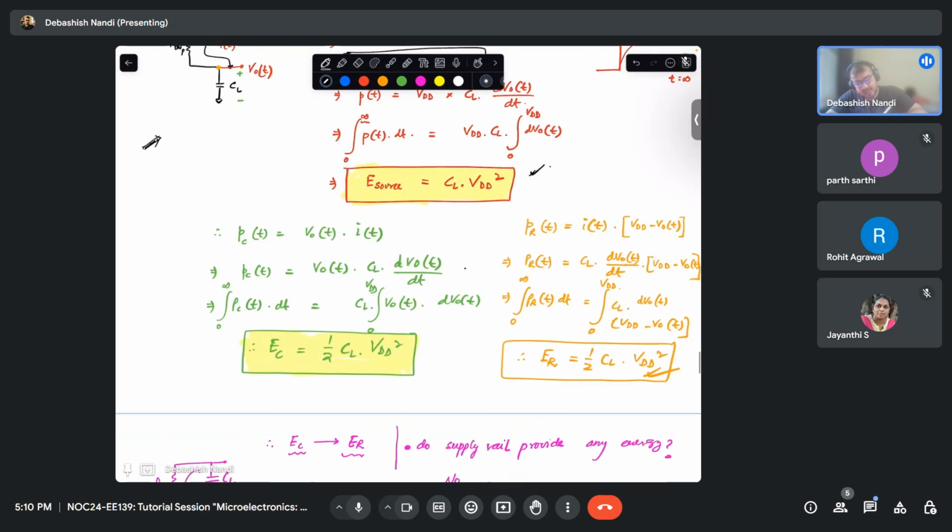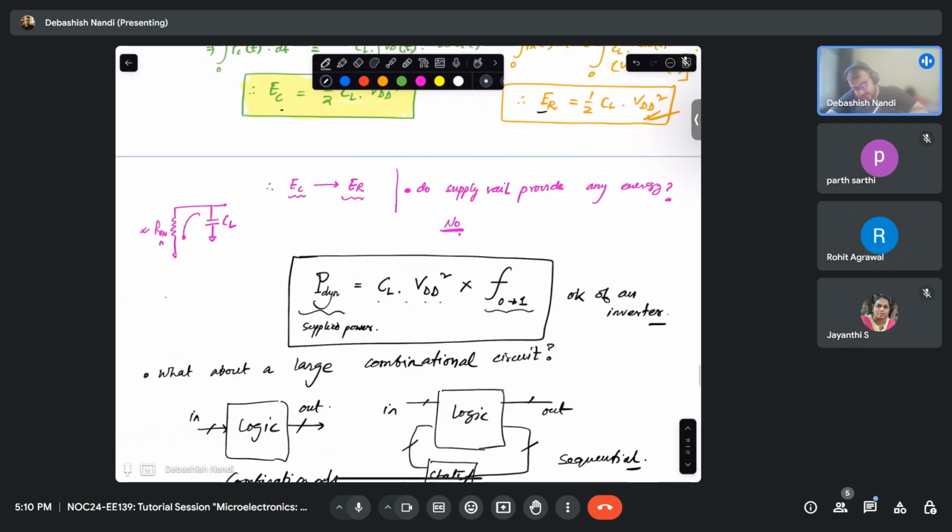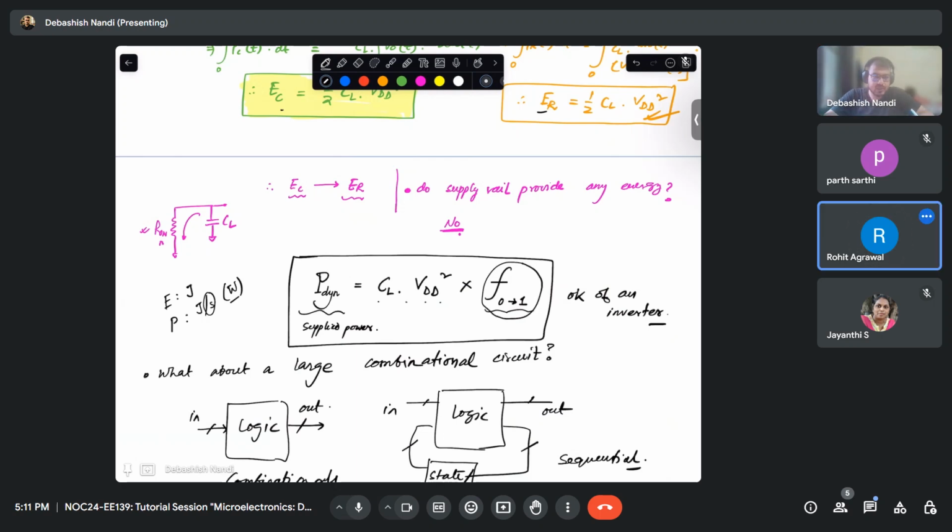Also note that these are energies. What is the unit of energy? Joules, right? What is the unit of power? Joules per second, or watt. The per second is captured in this frequency term. That is how you are converting your energy to power.